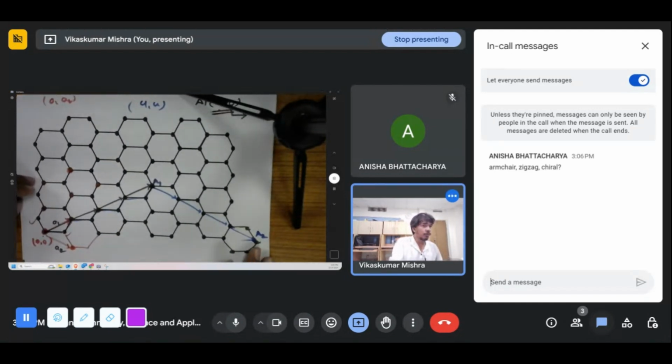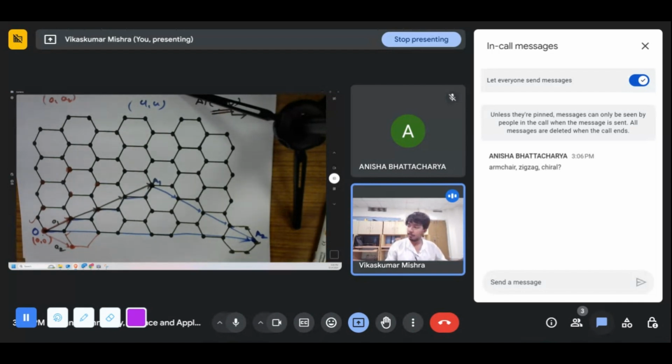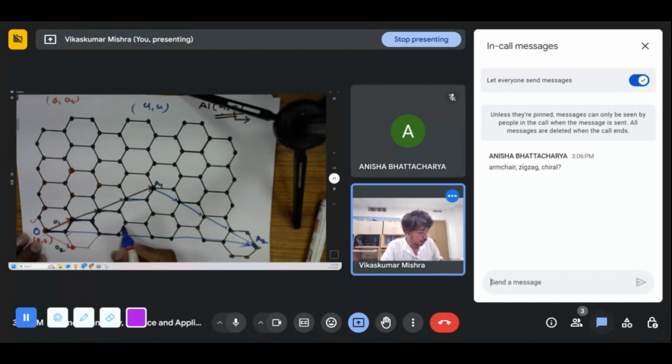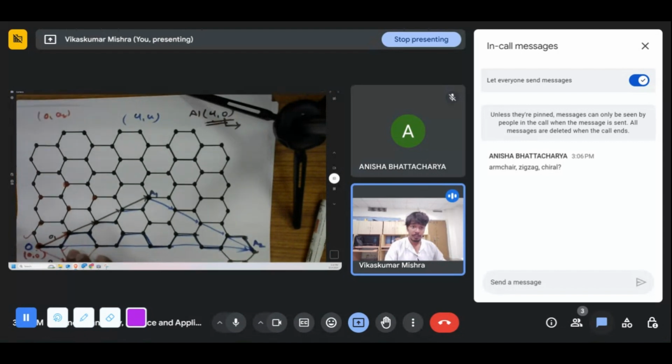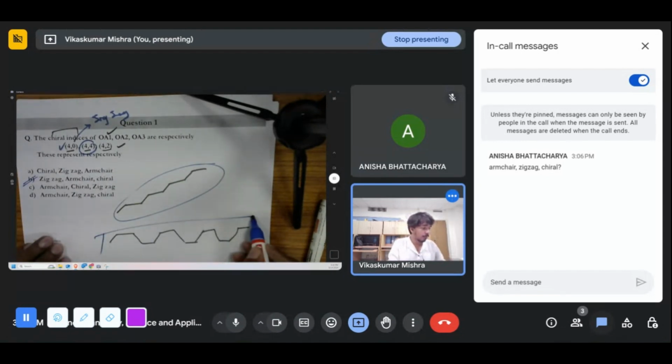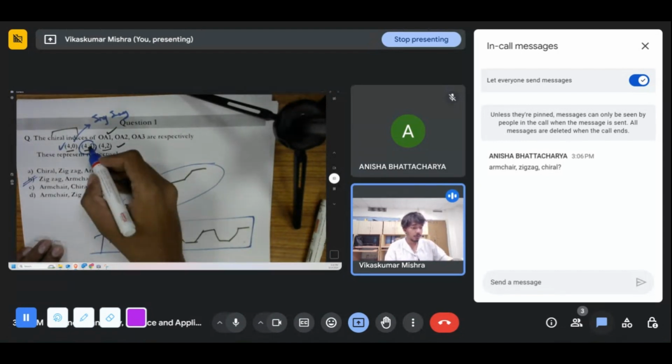Now how to go from origin to a2? That is, we have to follow this particular vector. How can we go along this? I should select something. We can go along this particular path, following this path. And this is the armchair one, right? So it is following this particular path. So with that, we got to know that this one is the armchair.